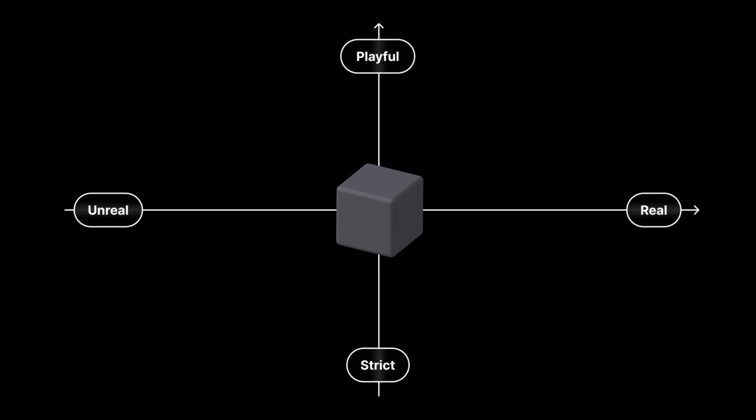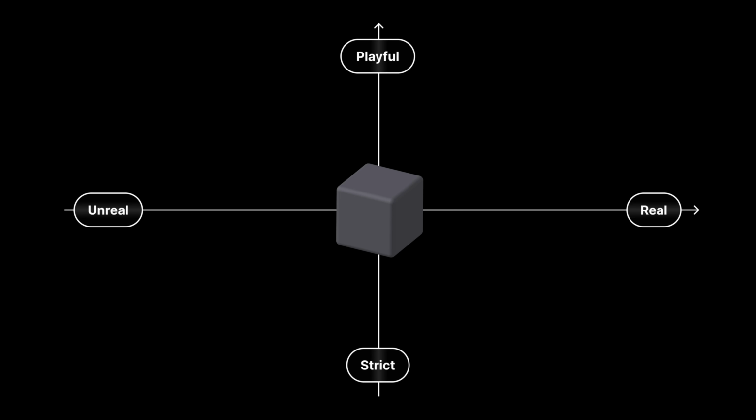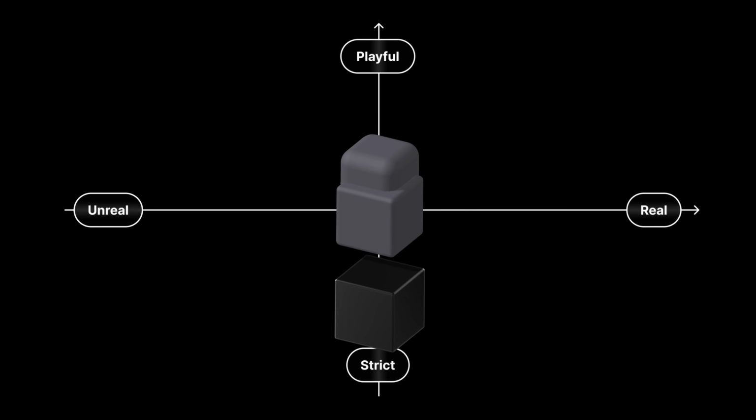Your style can be different, but if you can somehow summarize it, it means it can differ from an impression perspective. So it can be strict as a business suit or playful as a children's animator costume. When style is strict, it means the lines will be straight, the corners sharper, the colors more serious. On the other side, when it's playful, the shapes will be more rounded and the colors brighter.